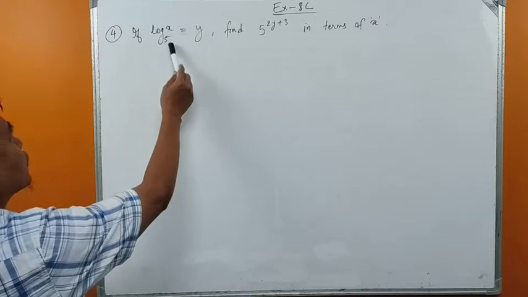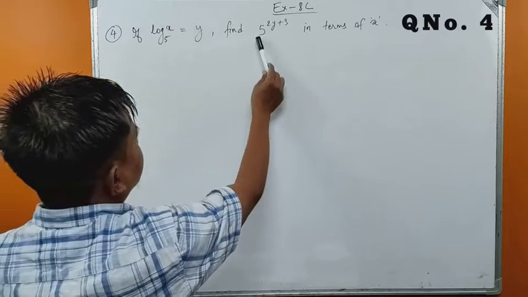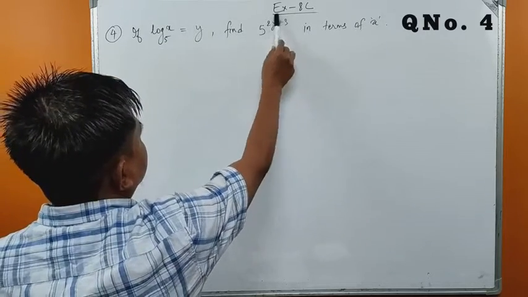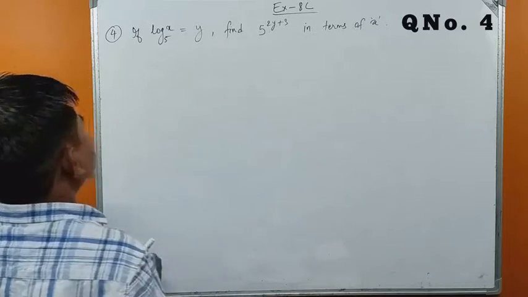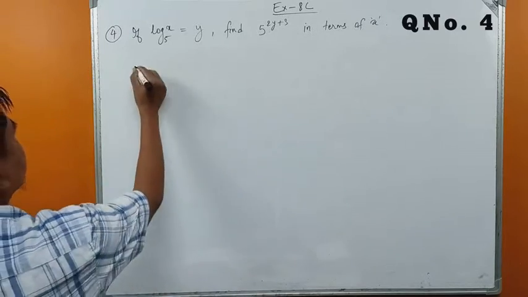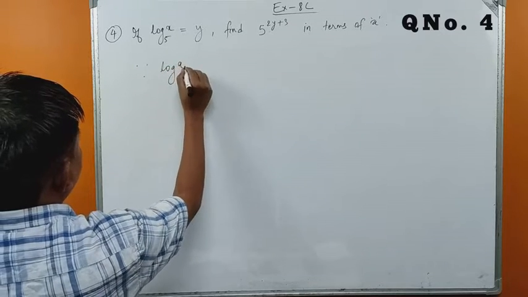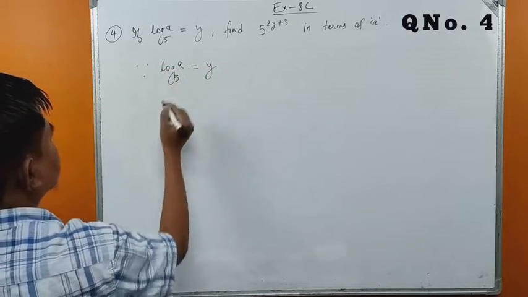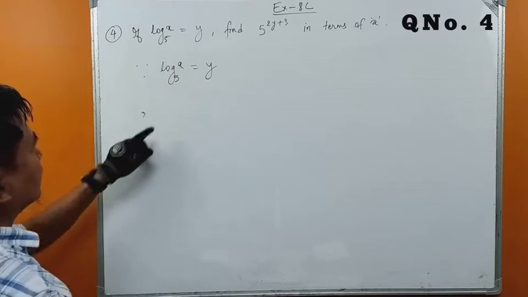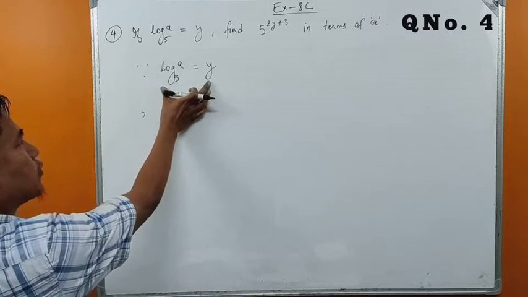If log x to the base 5 equals to y, this is the given equation. And we are asked to find the value of 5 to the power 2y plus 3 in terms of x. Okay, so let's do this. Since the given condition is log x to the base 5 equals to y, we convert this logarithmic equation to exponential form.